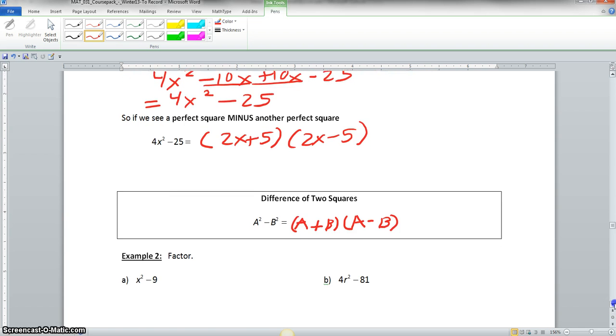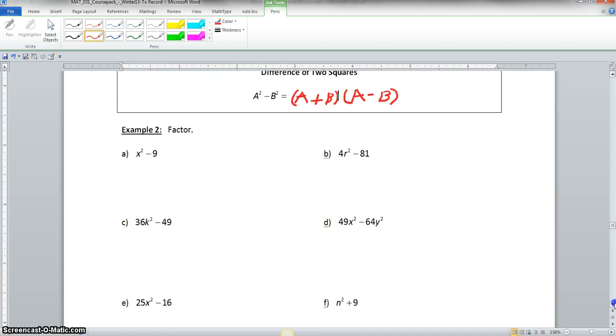Okay, now, let's go down here. First of all, let's determine if this is a perfect square. We know the square root, go off to the side here. The square root of x squared, we know is x, because x times x gives us x squared. Then we could take the square root of 9, which we know is 3.